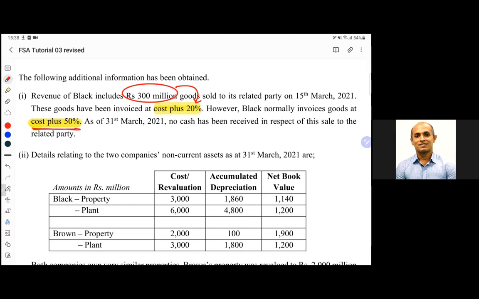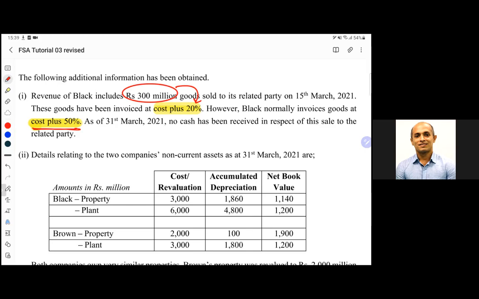This 300 million has not been settled by this related party by the end of the year. Therefore, this 300 million is included in receivables.